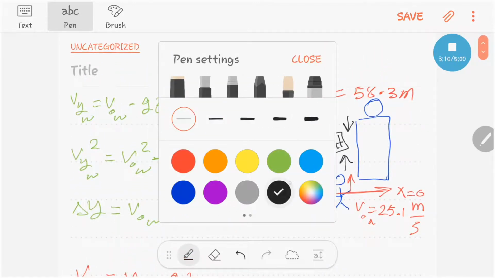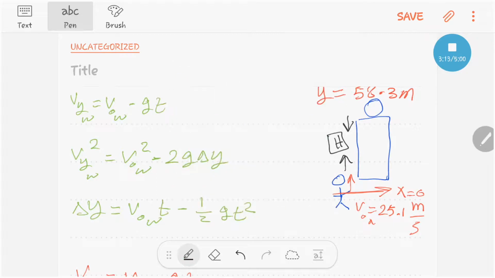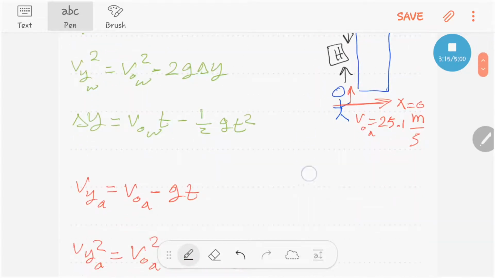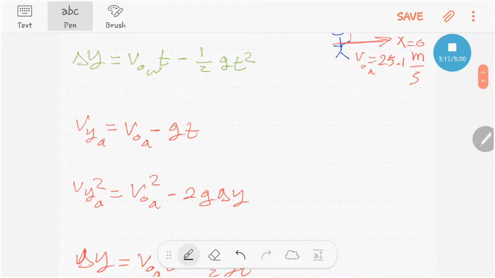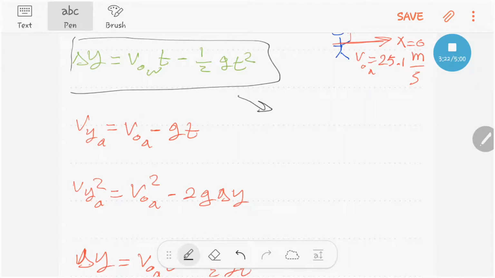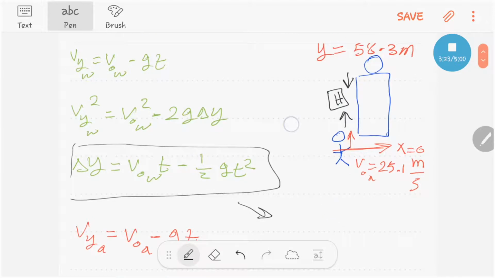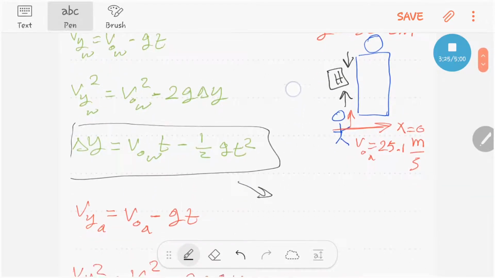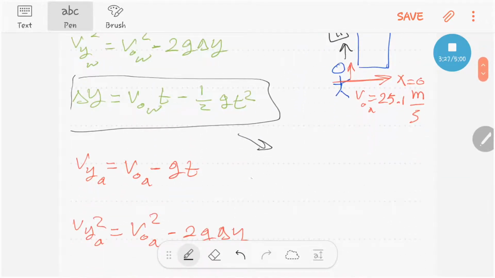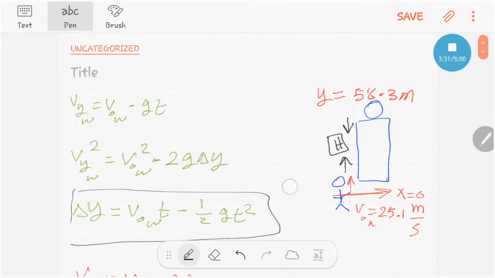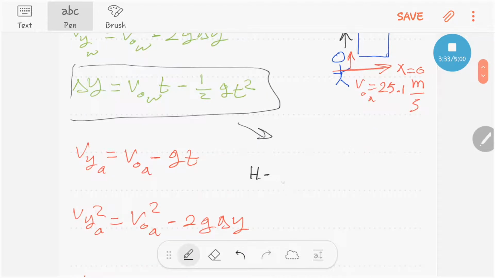So now, in order to calculate the H spot, let's take this one, let's write it right here. For the watermelon, the final y will be H, minus the initial y, which is 58.3. I will put the numbers later.